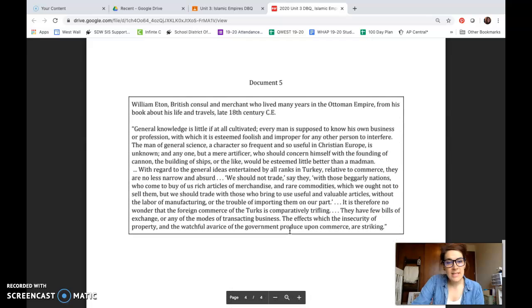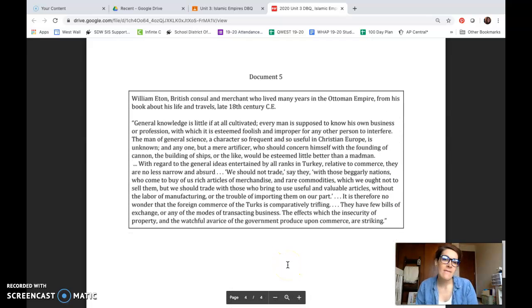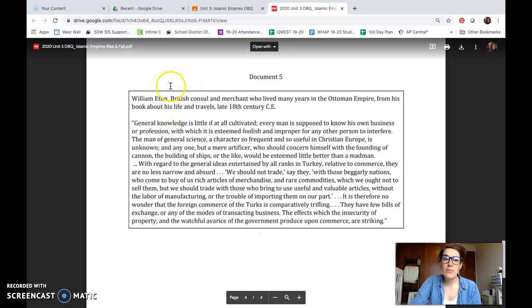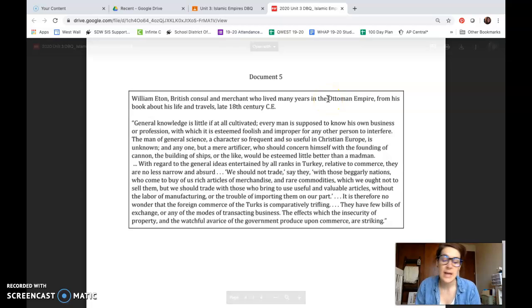Last but not least is document number 5. Document number 5, again, is an outsider source, because this one's coming from a British consul and merchant who lived in the Ottoman Empire. So again, he's an outsider living in the Ottoman Empire, and he's really going to be talking about how during this time, the late 18th century, in the Ottoman Empire, they are not going to be trading with outsiders.